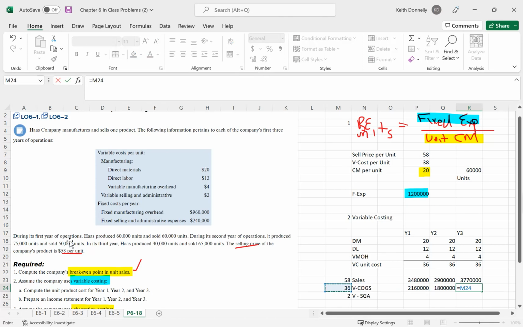In year 3, it was $36 from up above, and we sold 65,000 units.